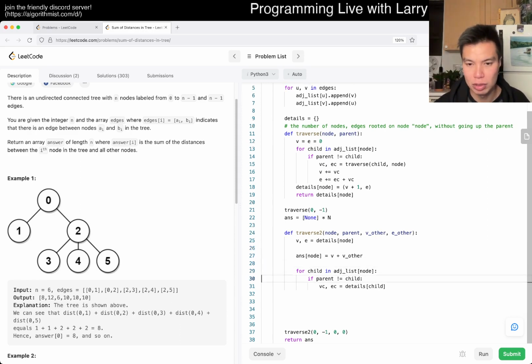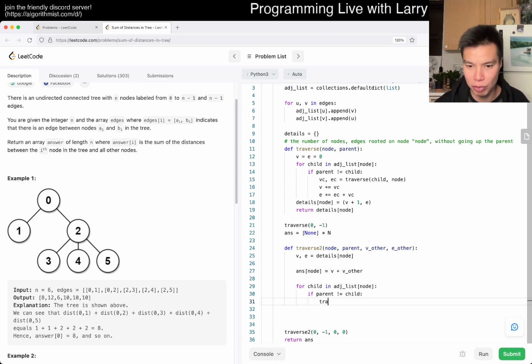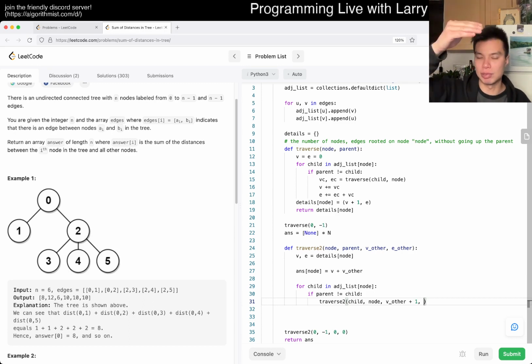And now we don't need to do whatever this craziness that I'm doing. What we need now is just to traverse. We want to go to the child, the current node is the parent, and then we have v other plus 1, because now everything is one step closer, and then e other.